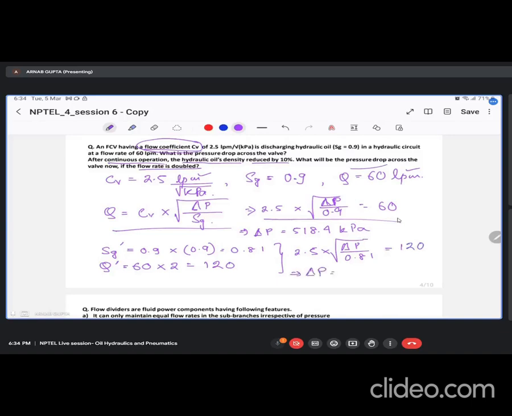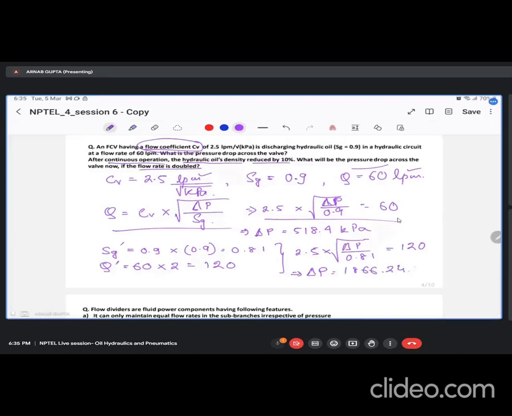So delta P is how much? 120 by 2.5. 120 divided by 2.5, it's 48, square, times 0.81. So I'm getting 1866.24 kPa.